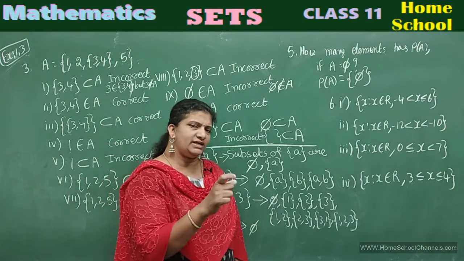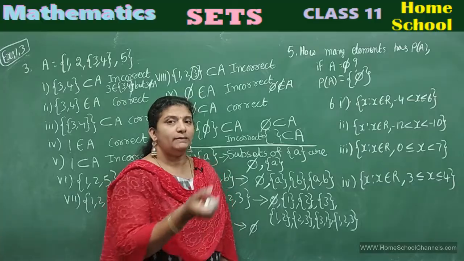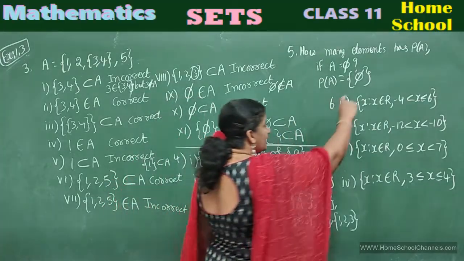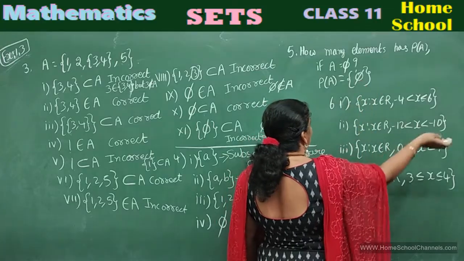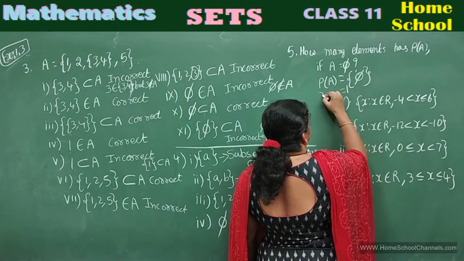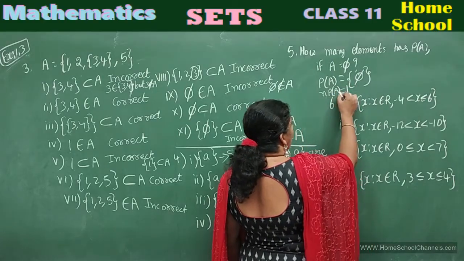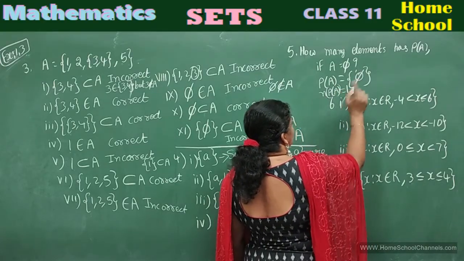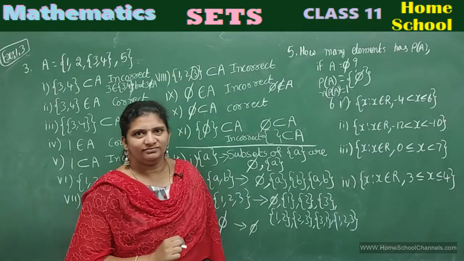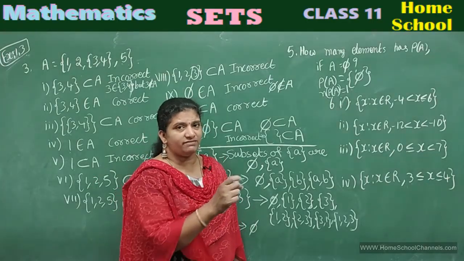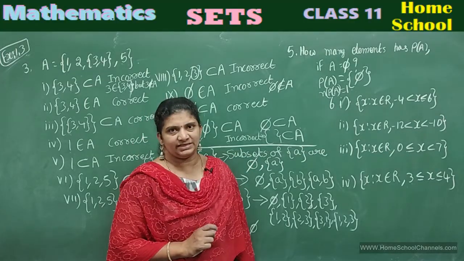Though only the empty set, there are no elements. But in the power set, if you write the empty set, I can consider this as one element. That is equal to the number of elements in the power set. N of P of A is equal to 1.